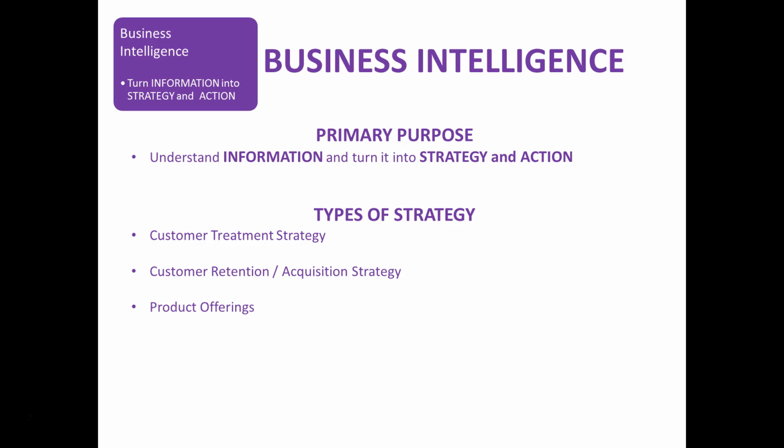Product offerings is another thing that the business intelligence people will do. Going back to the previous example, you can say, well, this concierge service was a product offering. You find a group of customers that value service and they're unhappy.